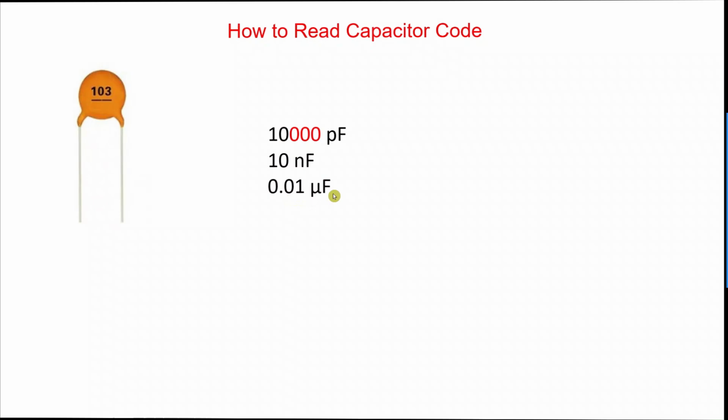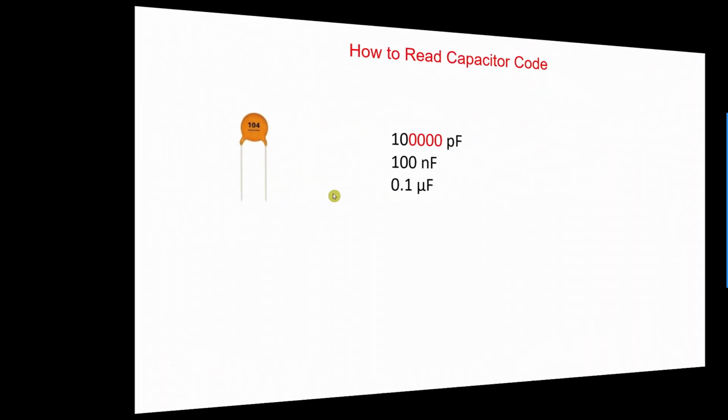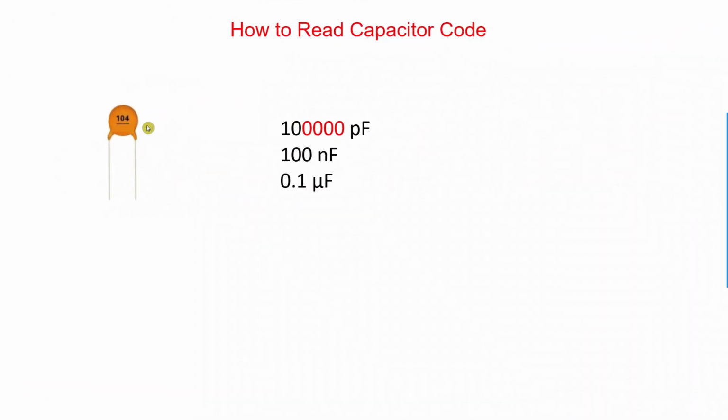Next, the code is 104. Put the first two digits as it is, 10. What is the third digit? This is 4. So how many 0s will be there? 4 zeros.